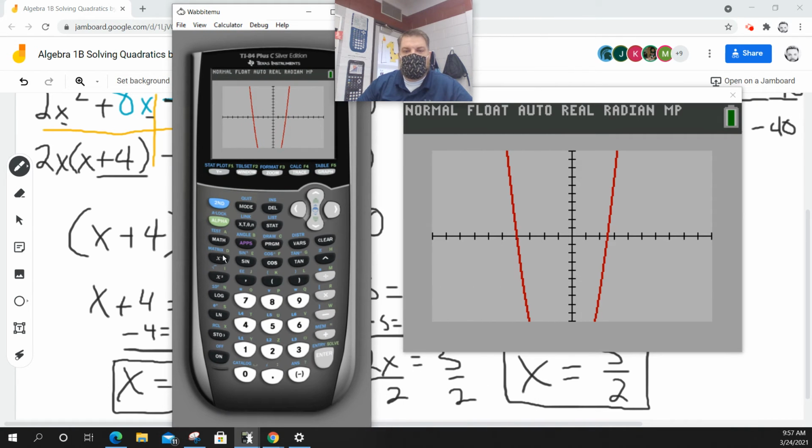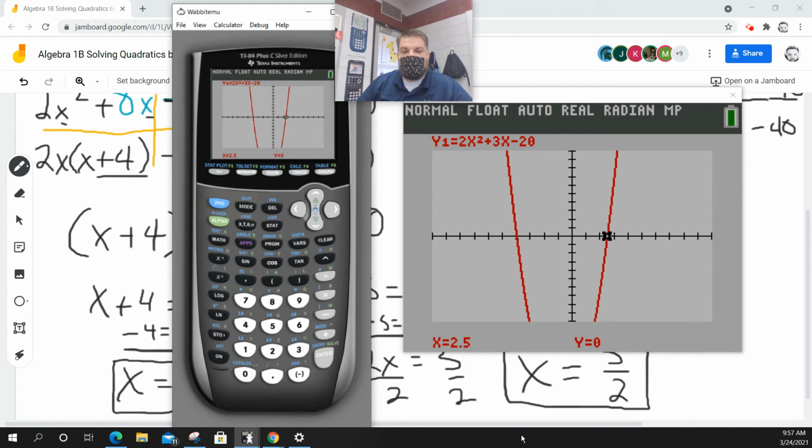Okay, so negative 4 was one of the choices. So what I could do is if I hit the trace button and then I put in negative 4 and hit enter, yep, it equals 0. If I enter in 5 divided by 2, which is really 2.5, it also equals 0. Now, one way you could do that is you could hit trace.